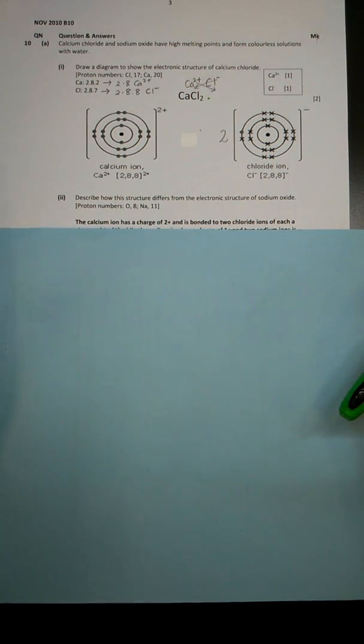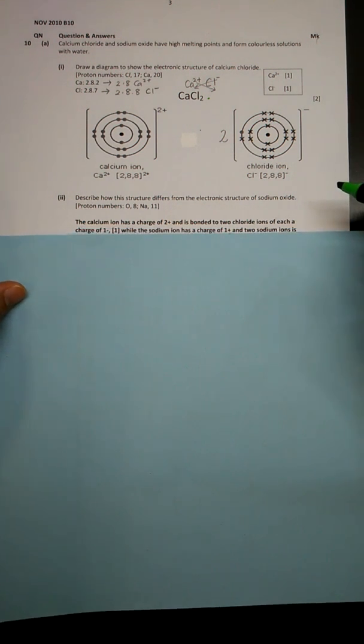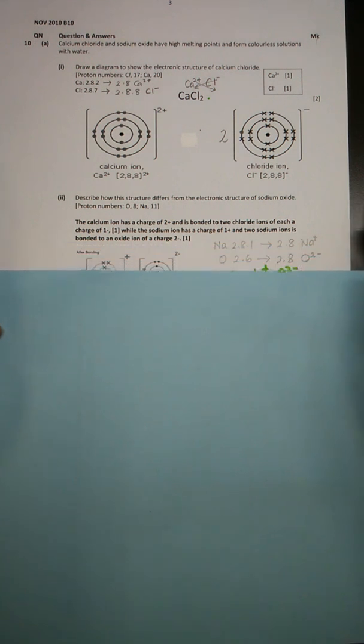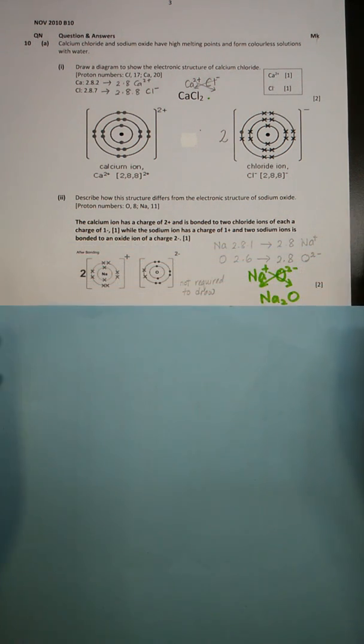The calcium ion has a charge of 2+ and is bonded to 2 chloride ions, each of charge 1-, while the sodium ion has a charge of 1+ and 2 sodium ions are bonded to an oxide ion of charge 2-. That will give you your 2 marks.